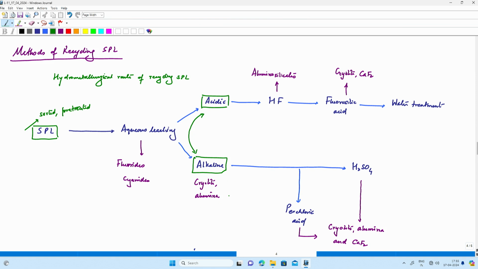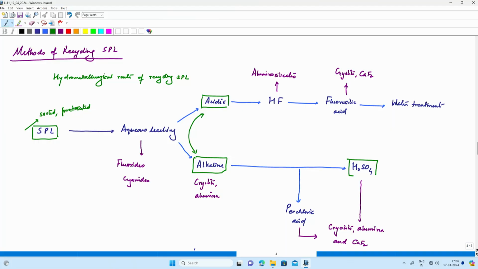We get cryolite and alumina phases out of the feed, and then we can follow the leaching with, let's say, H2SO4 and perchloric acid. And here we will get cryolite, alumina and CaF2 as the phases, and we are recovering important phases, salt phases, from the SPL as well.